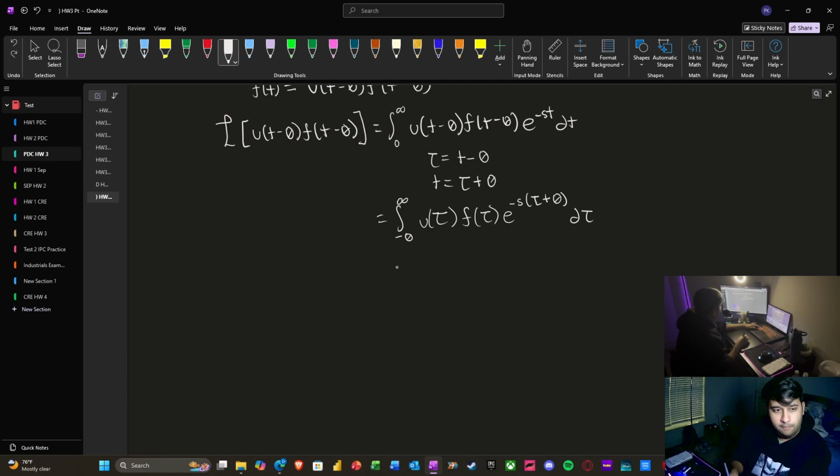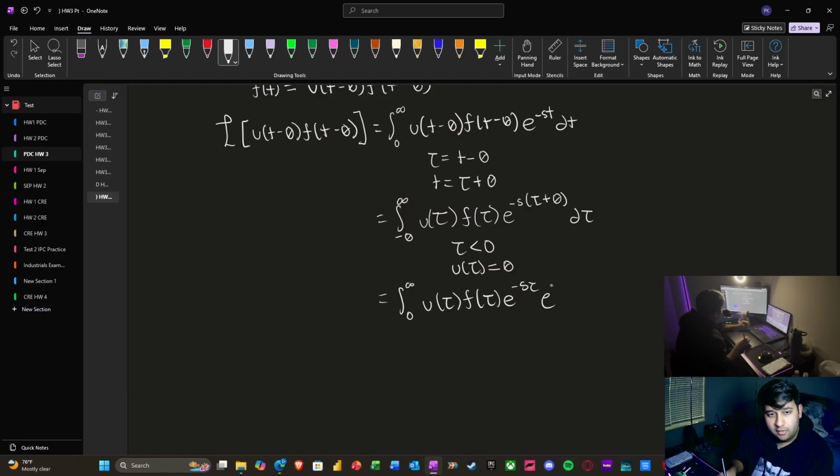And how do we get this back to 0 is because any time tau is less than 0, our u(tau) function will be equal to 0. So I'm going to convert this back to 0 to infinity and rewrite this, breaking up our exponential to make it easier to solve.